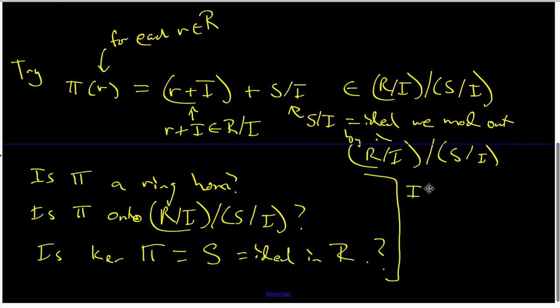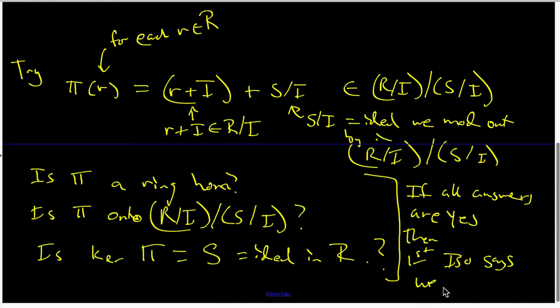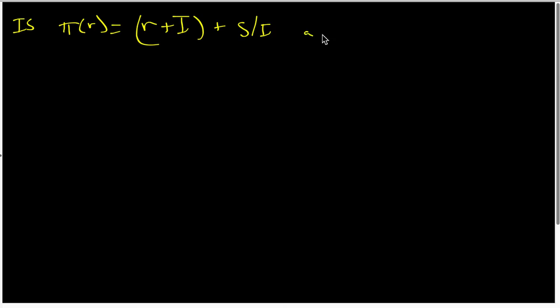If all answers are yes, then the first isomorphism theorem says we're done. So what we want to do in this video is address these questions. So let's first of all turn our attention to whether or not pi is a ring homomorphism. So is pi of r equal to r plus I plus S mod I a ring homomorphism?